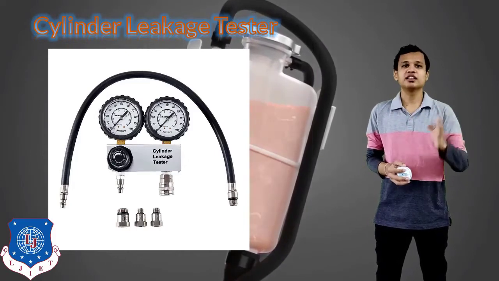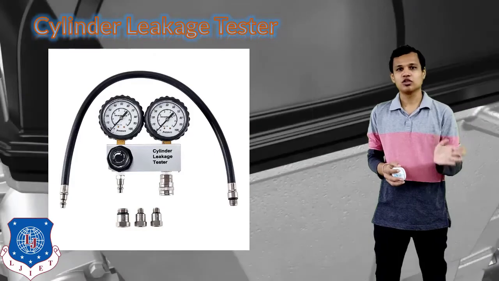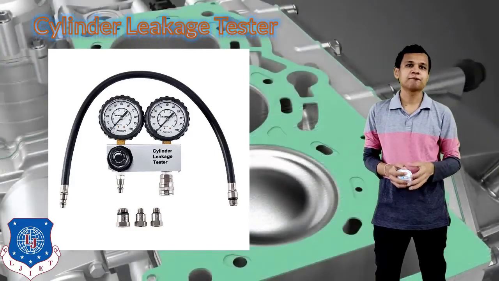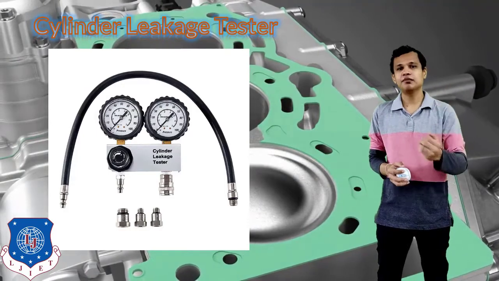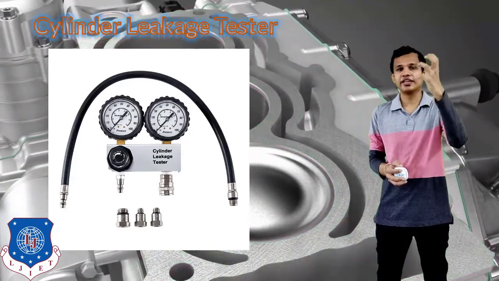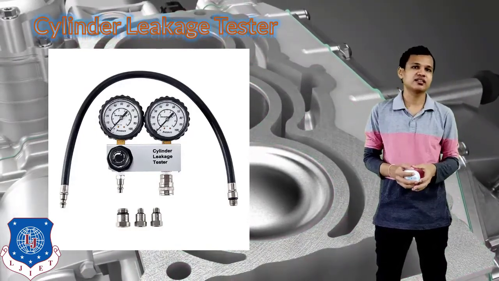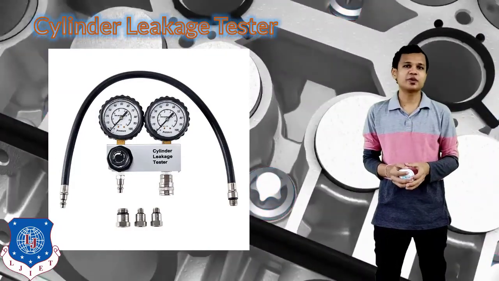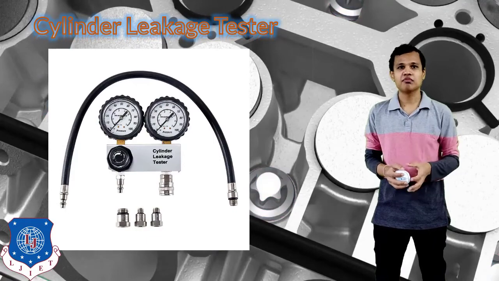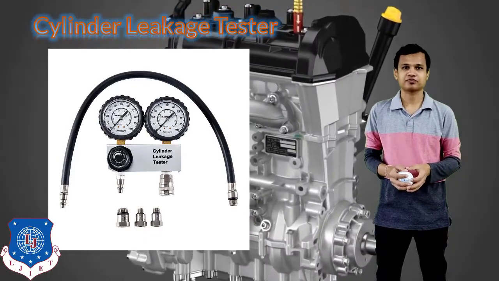If it is leaking the air up to a certain mark, then there is a leakage in the cylinders, which can be present in the piston rings or in the valves or in the gaskets, etc. So if there is a leakage present, then we can measure it with this setup.